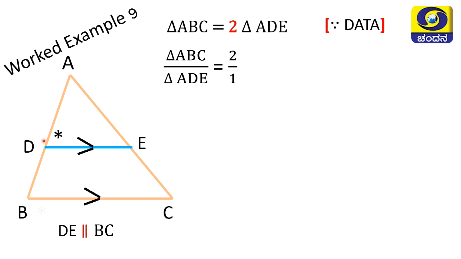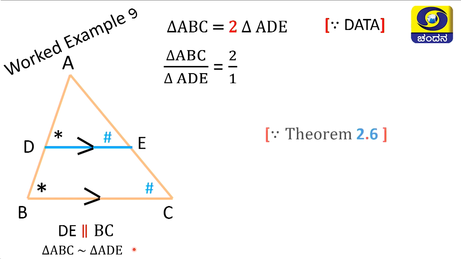If AB is the transversal, look at the corresponding angles, and if AC is the transversal, look at the corresponding angles which are equal. So now we have a beautiful situation in which the 3 angles of triangle ABC are respectively equal to 3 angles of triangle ADE. Therefore, what can you say? You can say that triangle ABC is similar to triangle ADE.